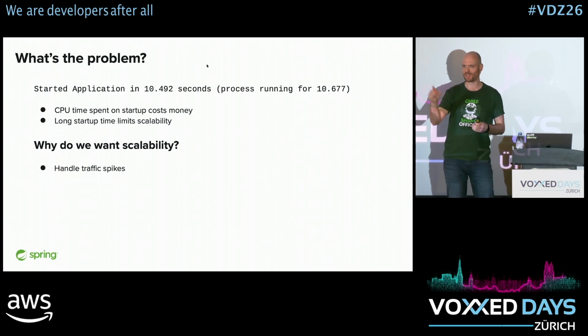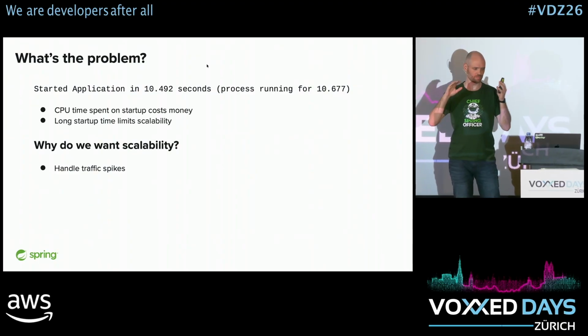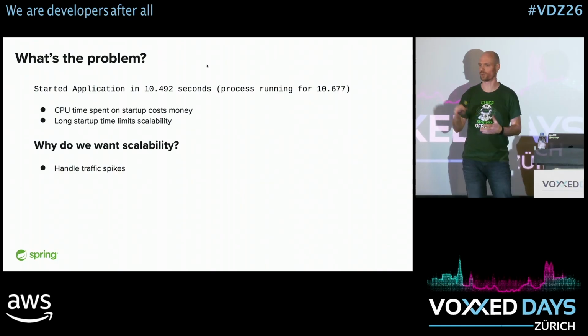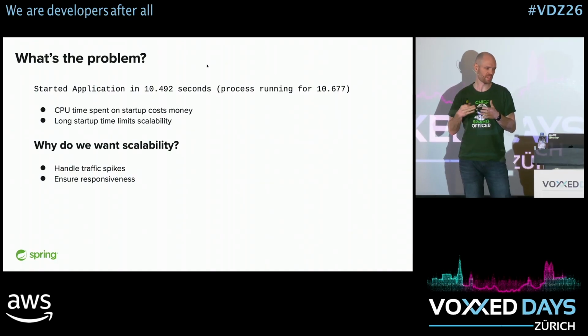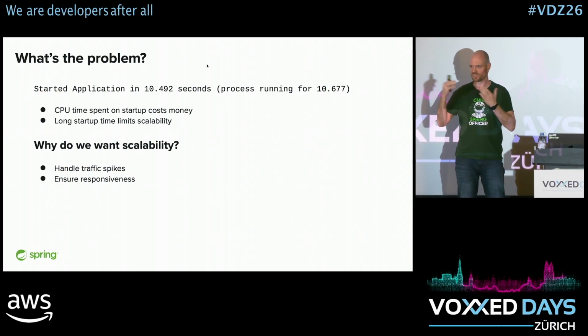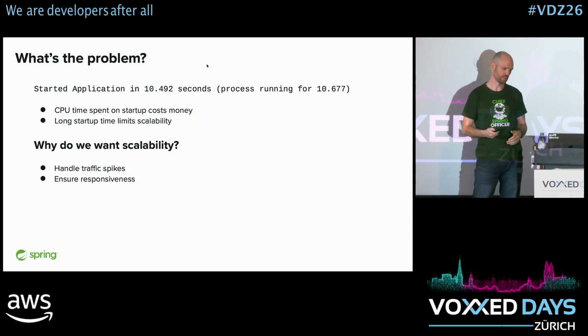And then people click on your link and then the site is really, really slow because you can't handle traffic spikes. You still run on one instance, this instance is saturated, and then stuff gets really slow. And responsiveness drops. Users hate slow websites. You know how that is. Not working Wi-Fi is better than slow Wi-Fi. Right? So to ensure responsiveness, we need to scale. That's why we want to have scalability.